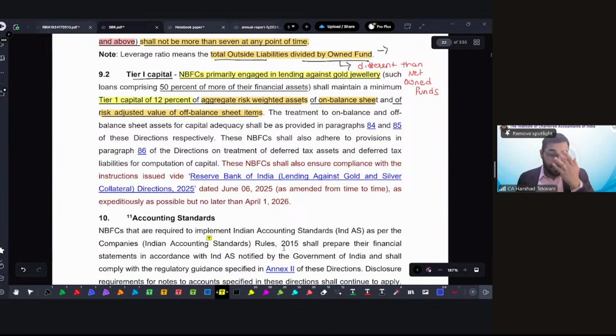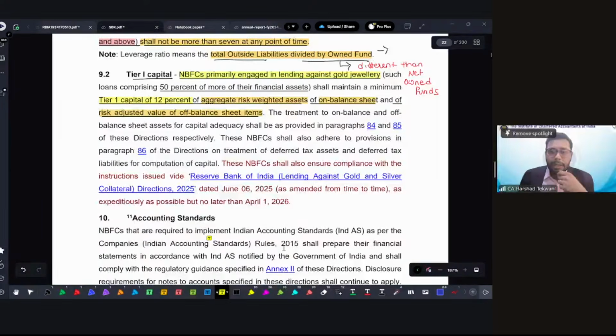Sir, could you please give one comparative example, of gold jewelry business loans comprising 50% or more of financial assets versus the other NBFCs, so that we can understand the difference easily? Differentiate on what basis?